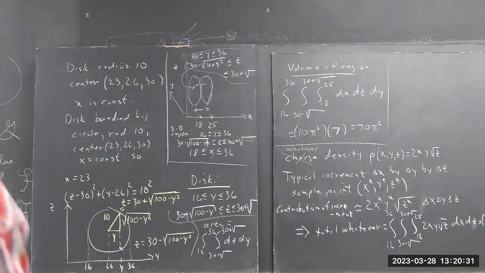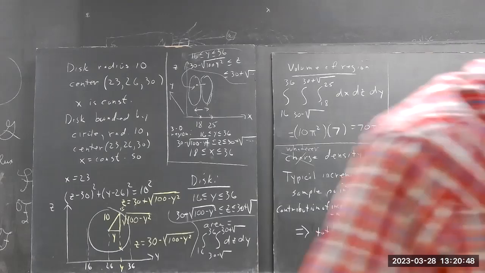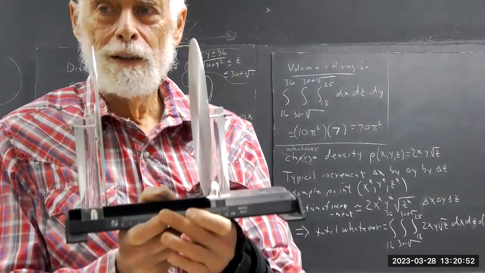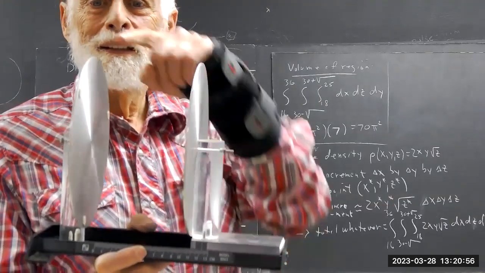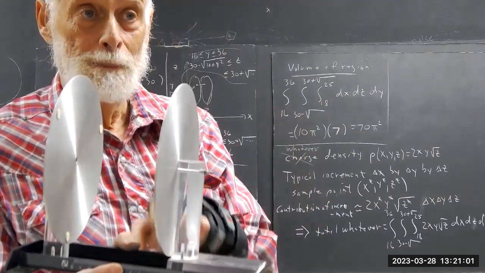Now, what if we have the same region? I'm going to make a cone out of this. Point up here, I'll take a line from this point down to this point.